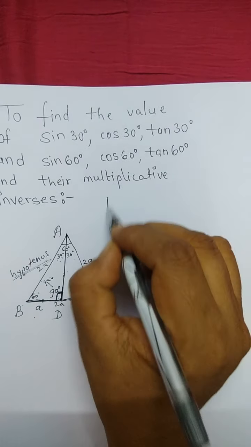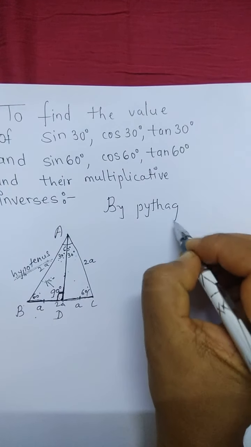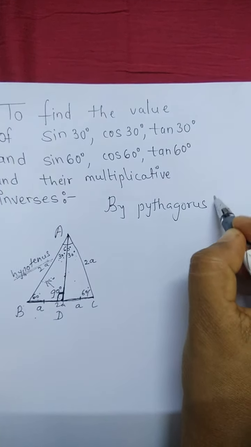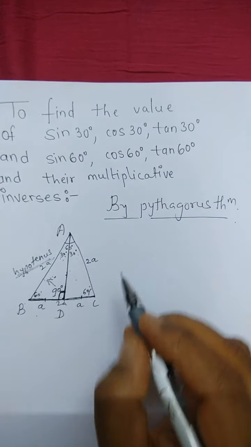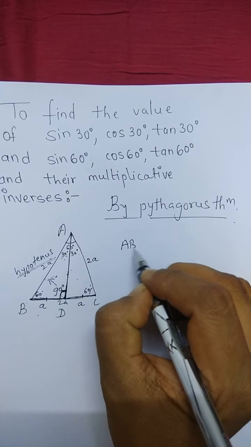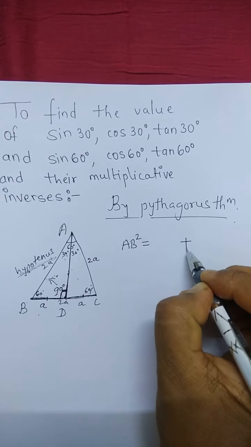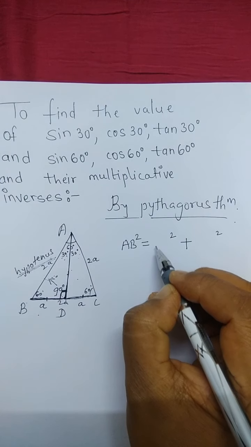So let us apply Pythagoras theorem. Hypotenuse square is equals to sum of squares of other two sides.